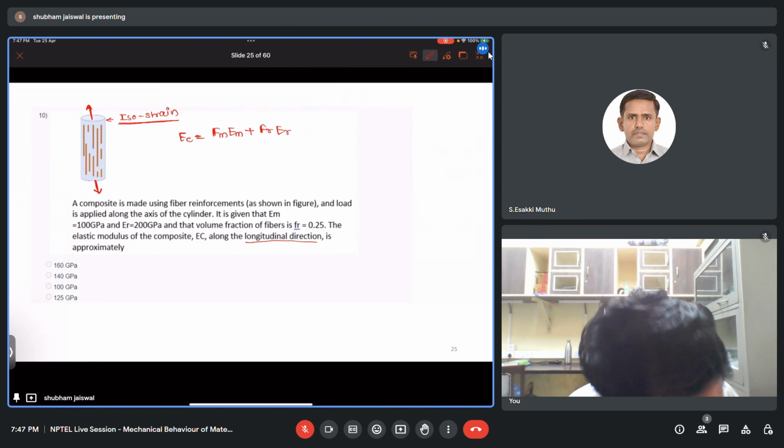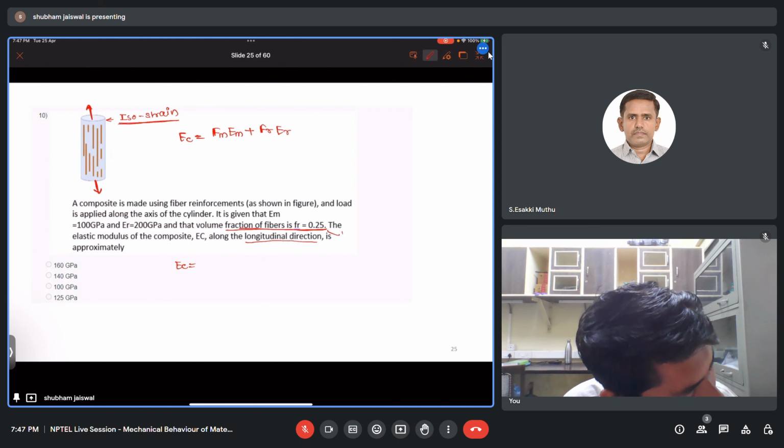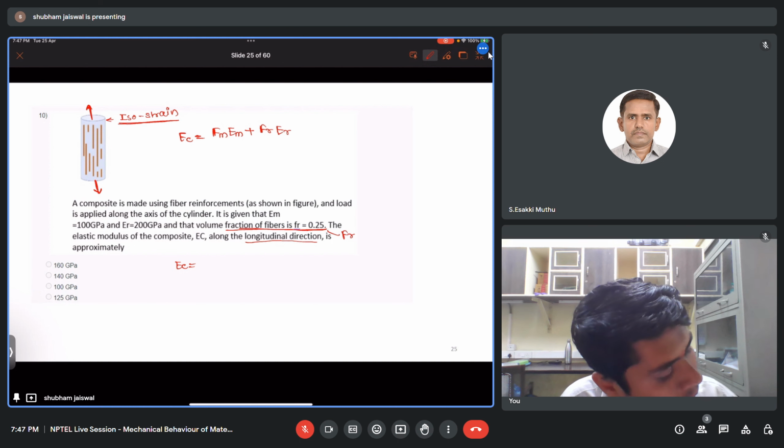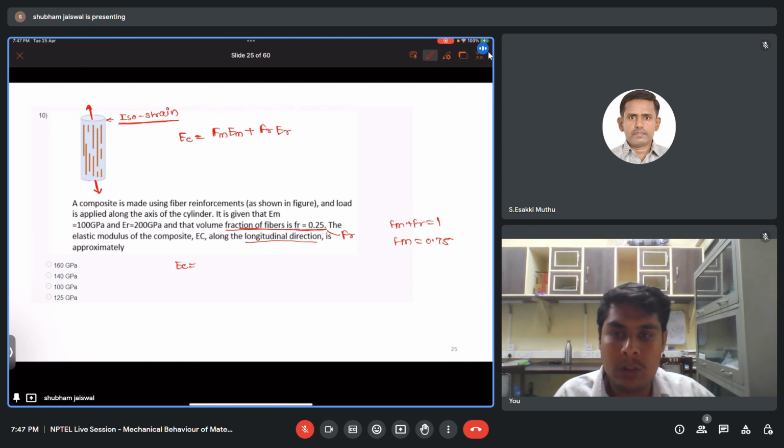If you use this formula, we'll get that the volume fraction of fiber is 0.25. This is our Fr, and Fm plus Fr should be equal to 1, so Fm should be 0.75.